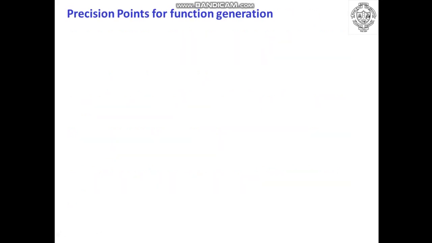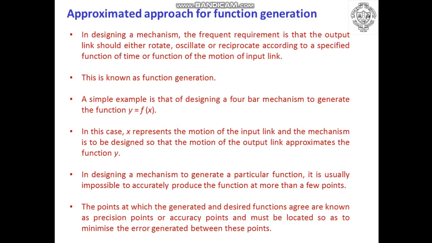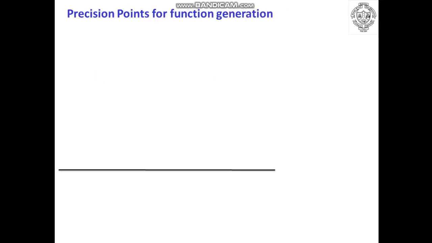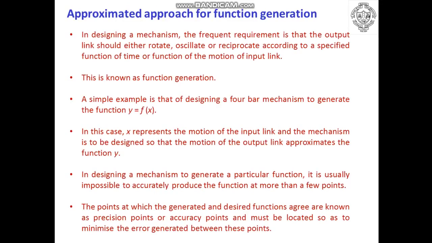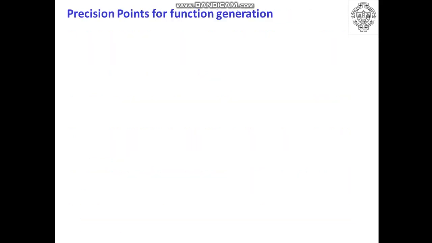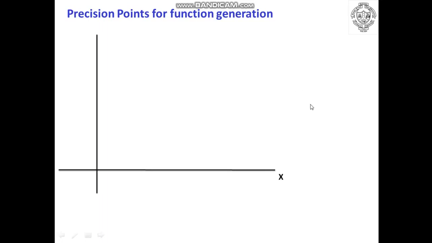So precision points for function generation can be located using the graphical method. Now I'll elaborate it using a graph. Let us assume that the function y is equal to f of x is prescribed in the xy plane.